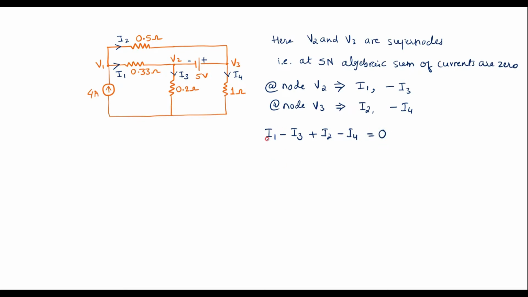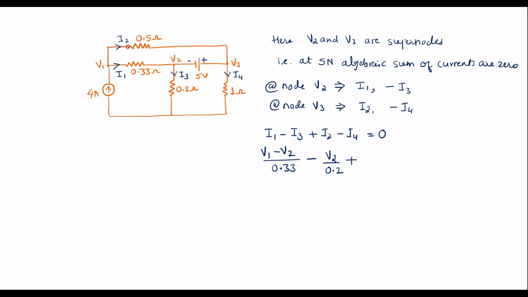Let me represent all these currents in terms of node voltages. I1 is nothing but V1 minus V2 divided by 0.33, minus I3. I3 is nothing but V2 divided by 0.2, plus I2.